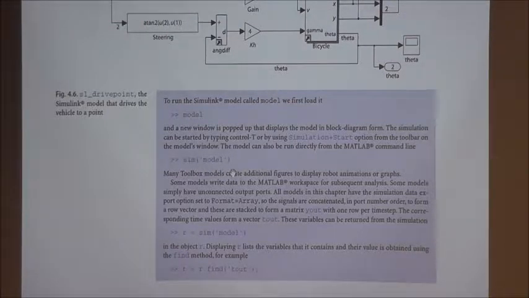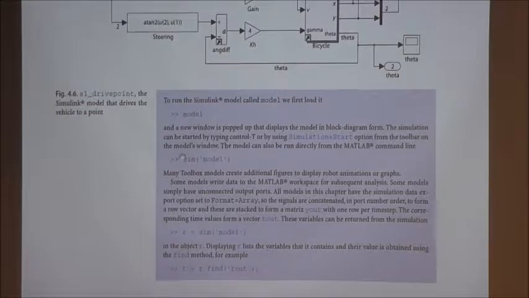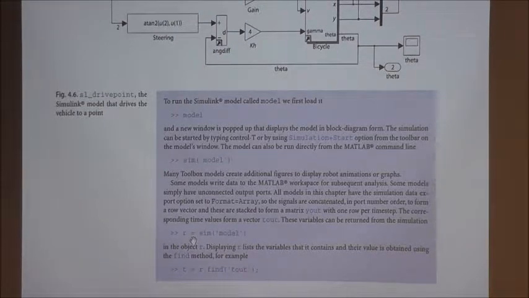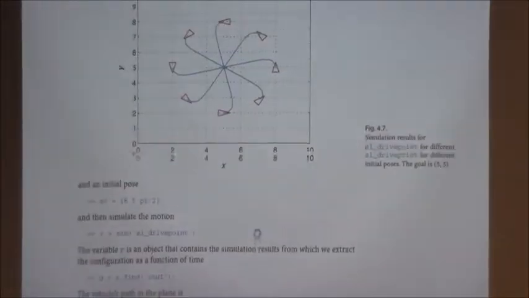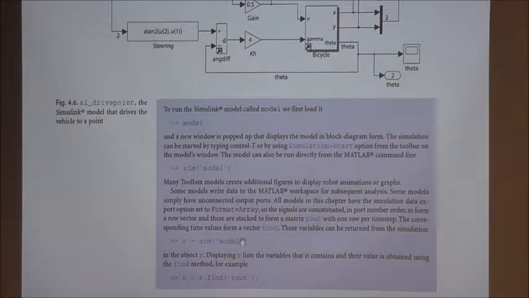It could be derived point, derived lane change, etc. And then you can put it all into a variable R, an object R. Displaying R lists the variables that it contains, and the value is obtained using the find method. So you can, for example, say T equal to R dot find T out. That's a built-in command, and then from there you can print Y, print theta, print this kind of value.